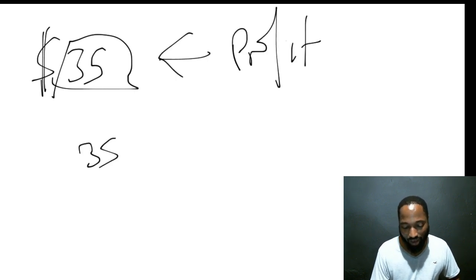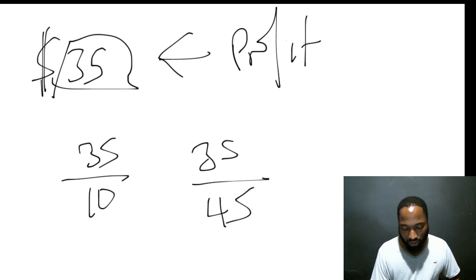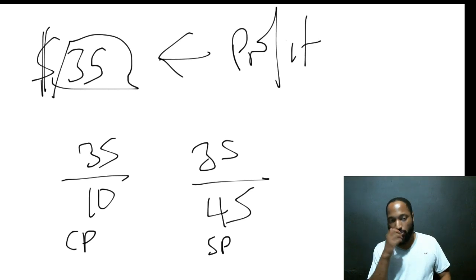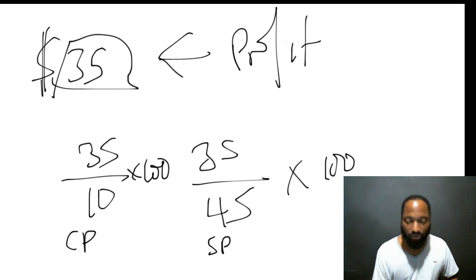Are we going to put the 35 over the 10, or are we going to put the 35 over how much you sell it for, 45? This was the cost price. This was the selling price. And then you have to multiply by 100 to find the percentage.